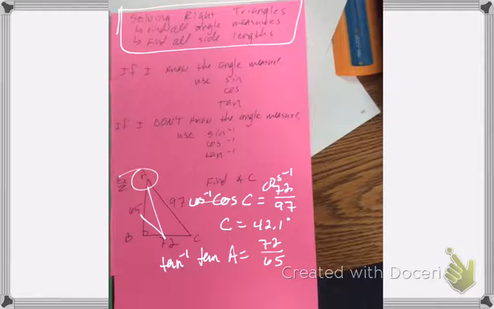I'm going to use inverse tangent to rip that tangent off of this A. Now I take 72 divided by 65 and hit inverse tangent, and I get 47.9 degrees. Okay, which makes sense because A and C have to add to 90, and they do. So that's how we're going to use inverse sine, cosine, and tangent.